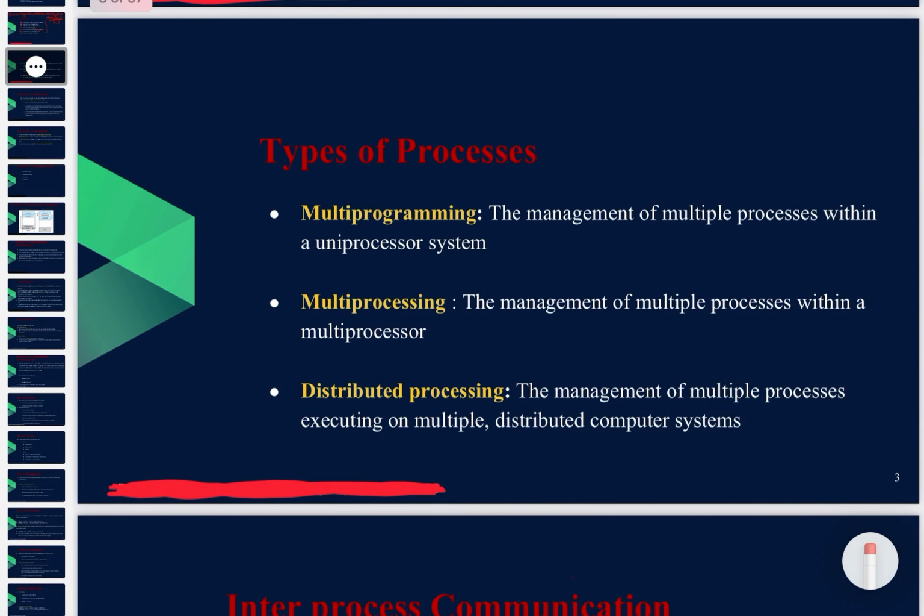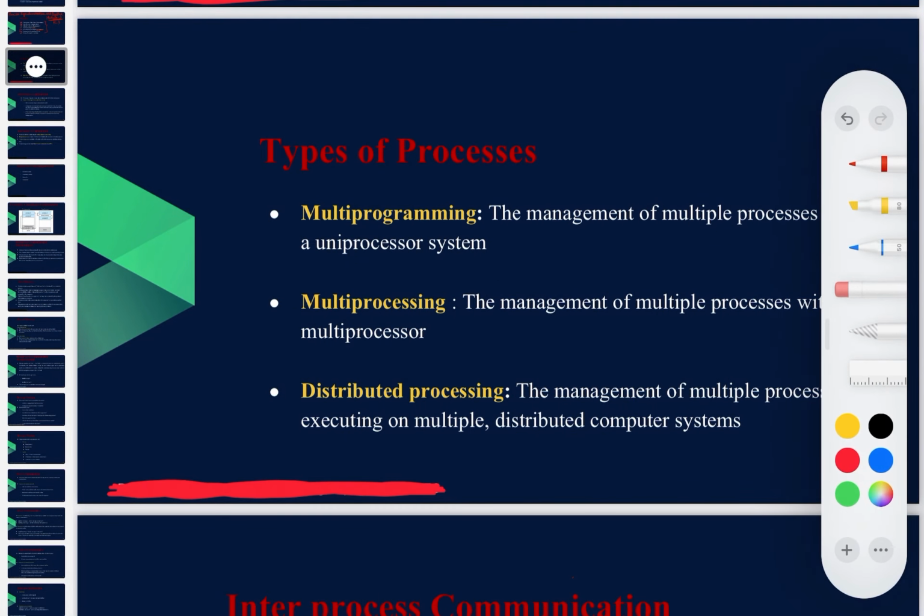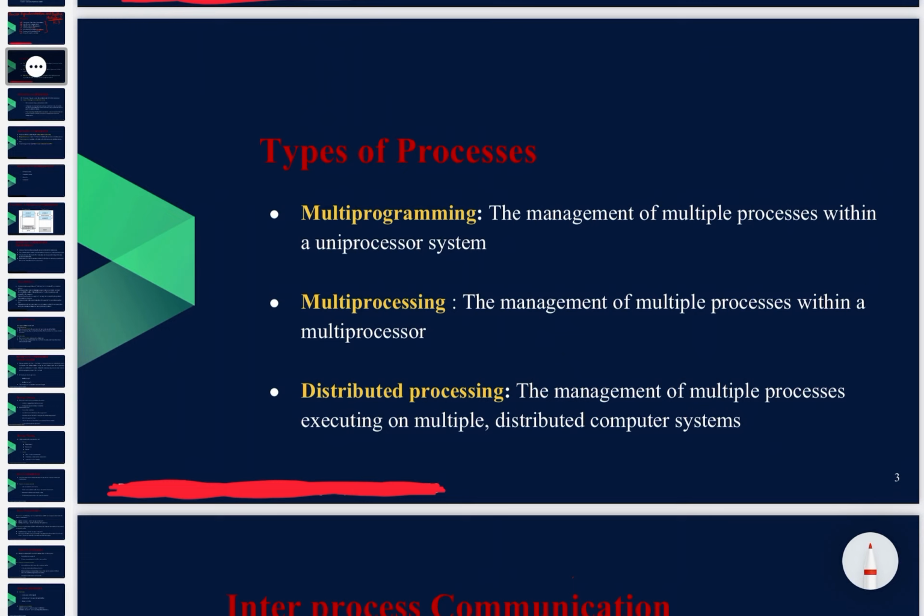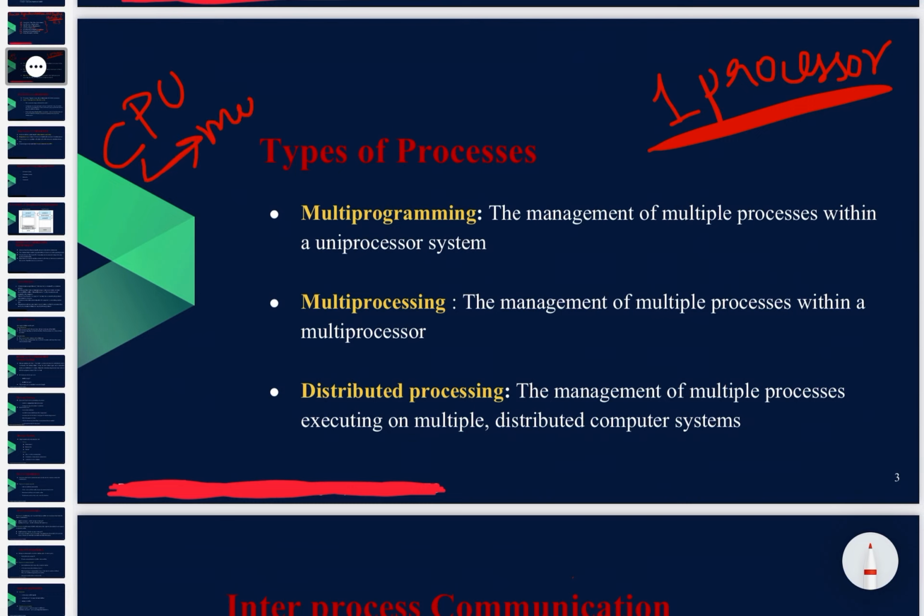So let's understand what the types of processes are. Multi-programming: the management of multiple programs within a uniprocessor. So there is only one single processor. Let us take an example. There is one single CPU, central processing unit, and inside this CPU there are multiple programs which have to run.